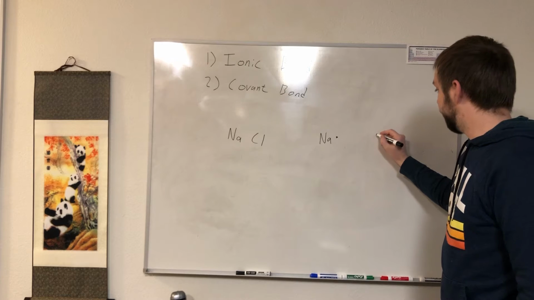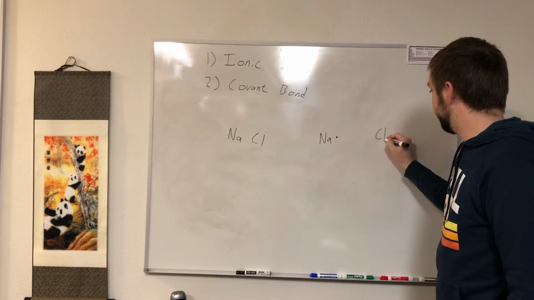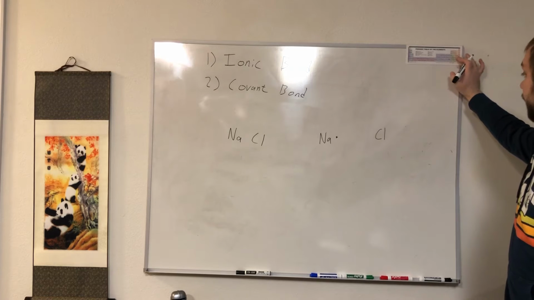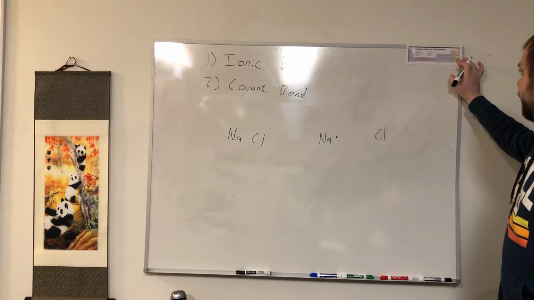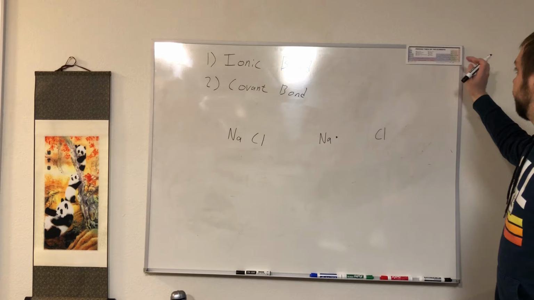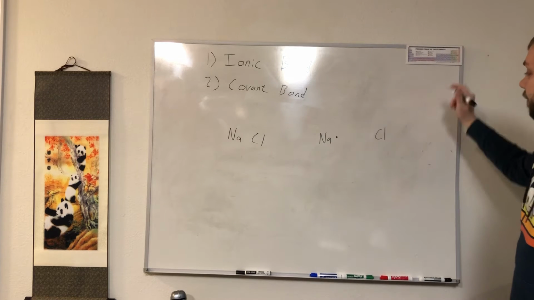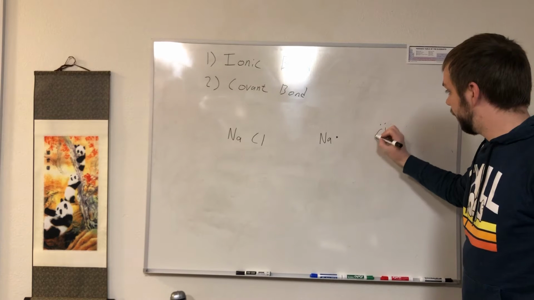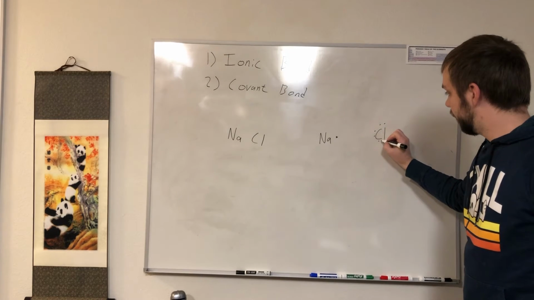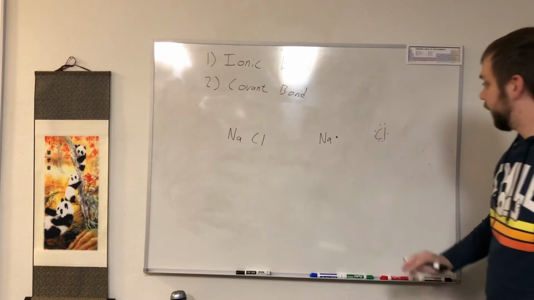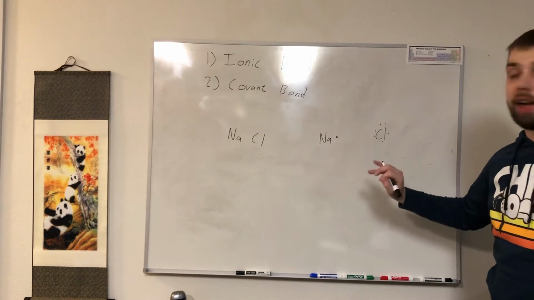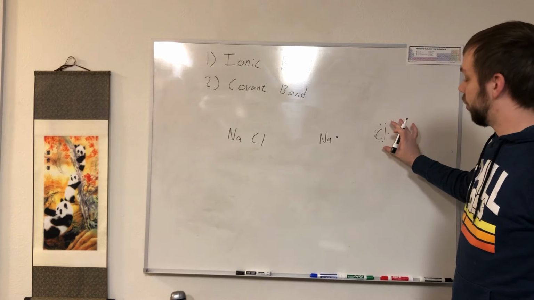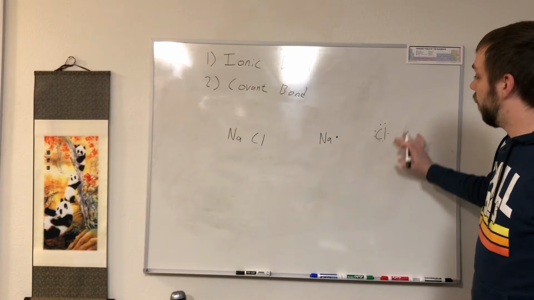And then chlorine, it's a group 18, or 17 rather. It's a halogen, so it has 7 valence electrons. So these are the neutral atoms. This is one electron short of being a full octet.